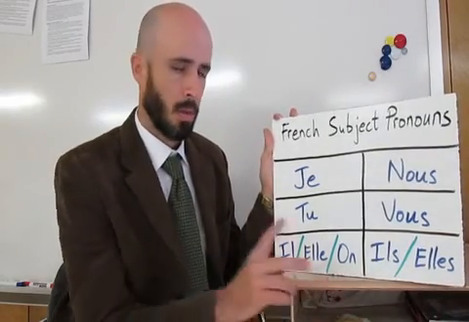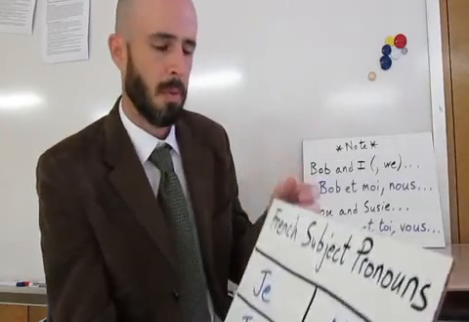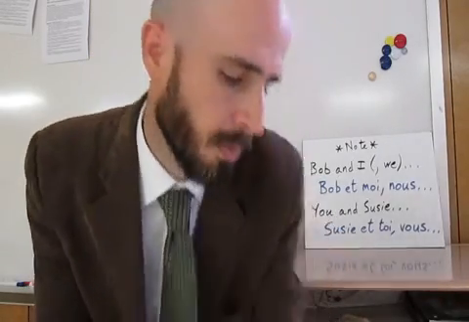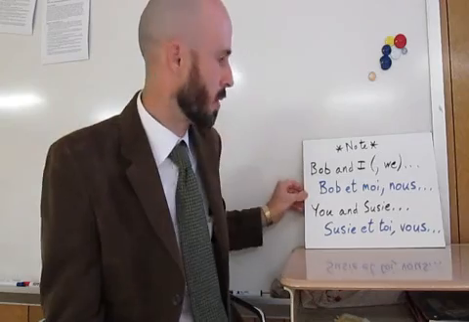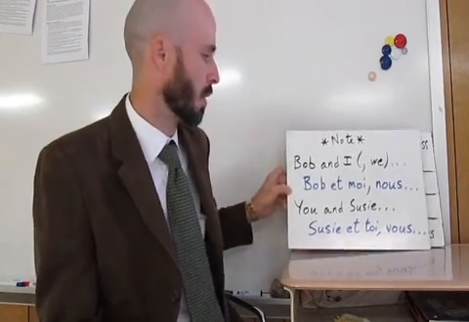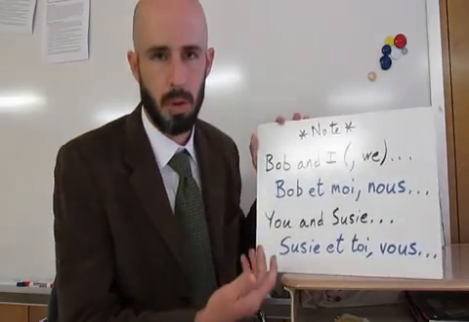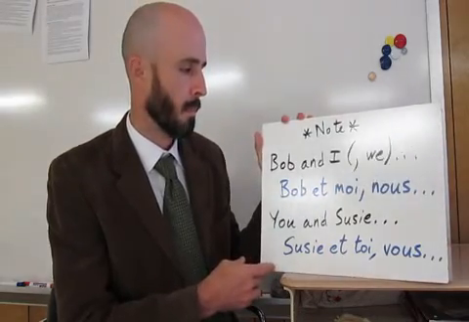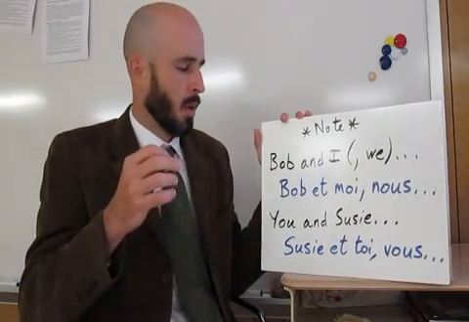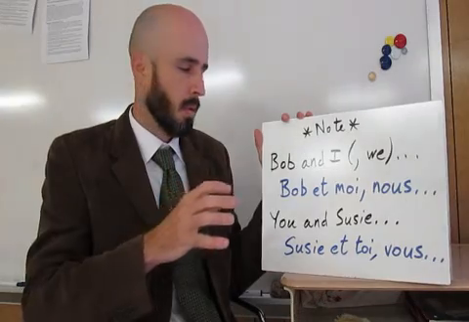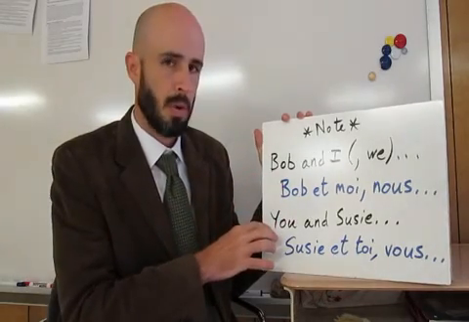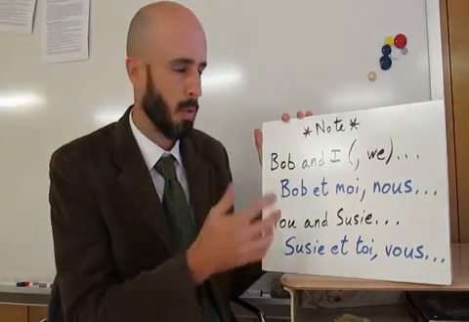Now, one last thing. The book doesn't actually point this out, but I tend to run into this when I let you guys write on your own. In English, we can pair up the subject pronouns with proper nouns.